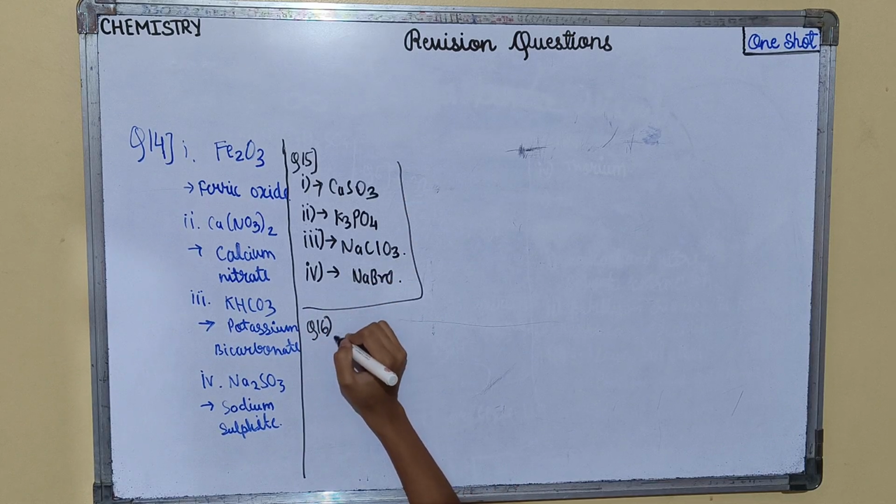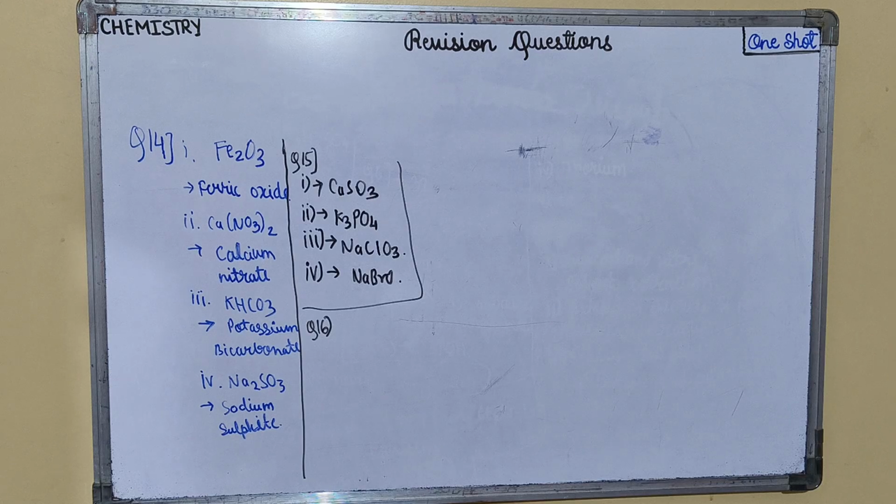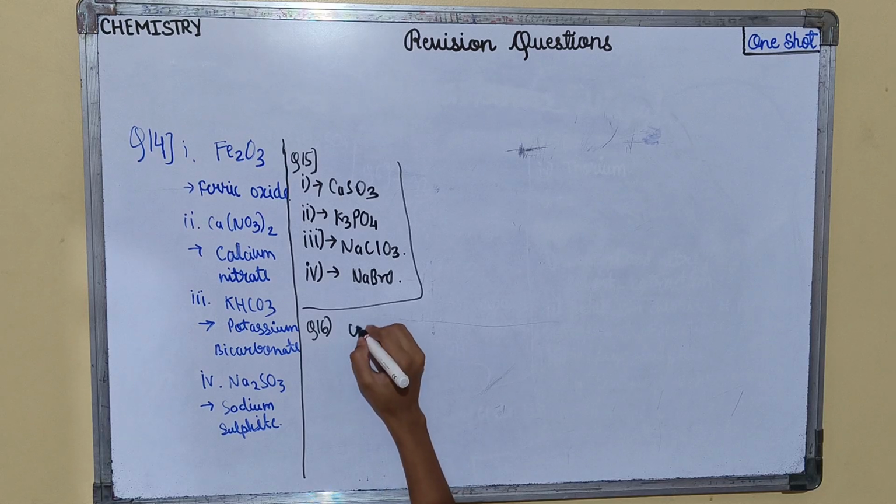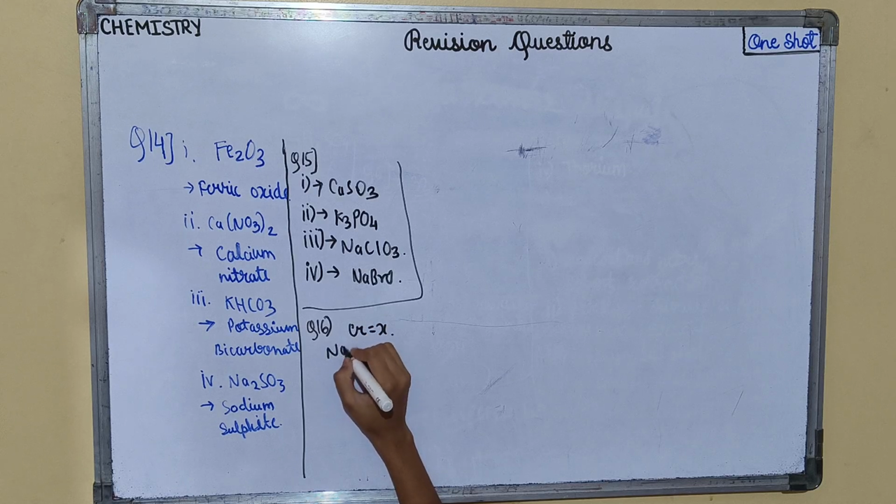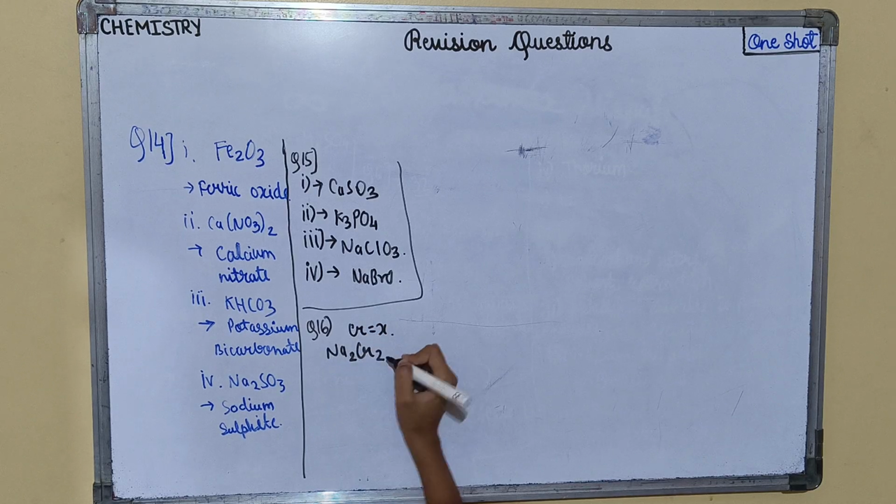Now question 16 is find the oxidation number of Cr in Na2Cr2O7.